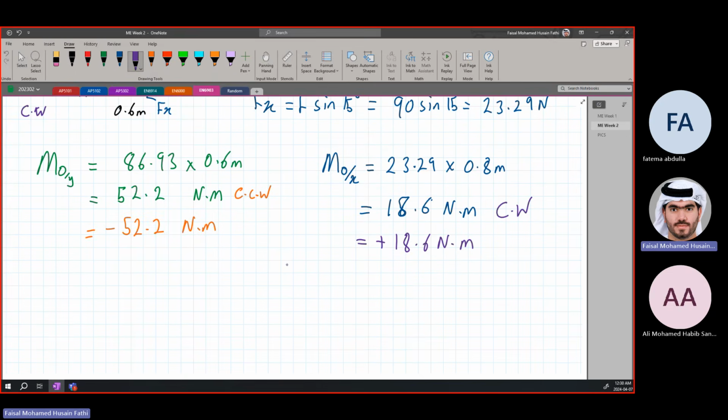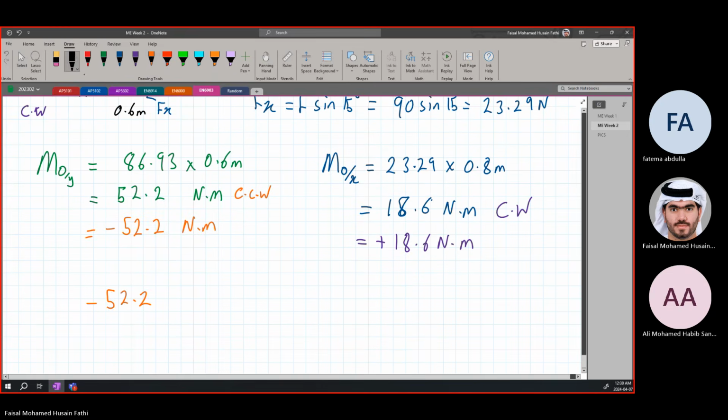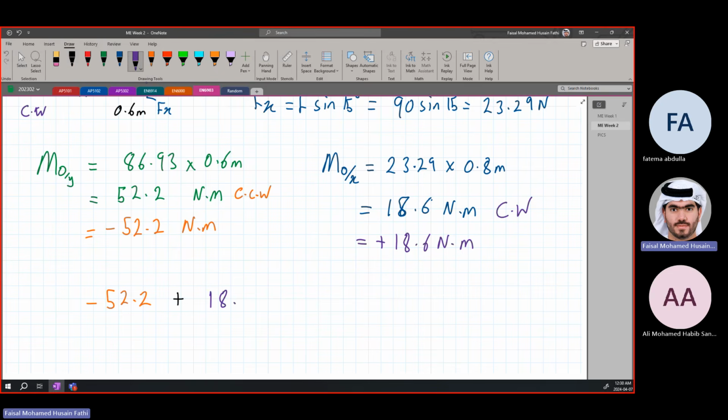Now we're just going to add them up. So the total moment, sigma moment about O, is equal to minus 52.2 plus 18.6, which is minus 33.6 Newton meters.